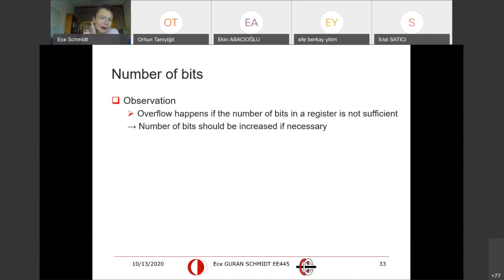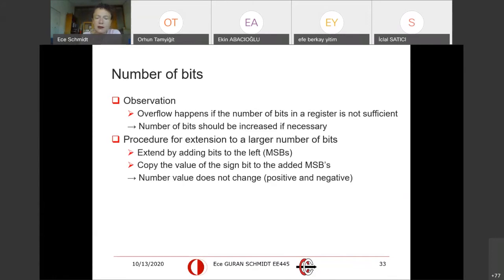Now, regarding the number of bits, we should be aware of that. If the number of bits in the register is not sufficient to represent the number, then we have overflow. If the quantity we want to represent requires fewer bits than the register length, we can extend it by adding bits to the left. We copy the value of the sign bit to the added most significant bits.